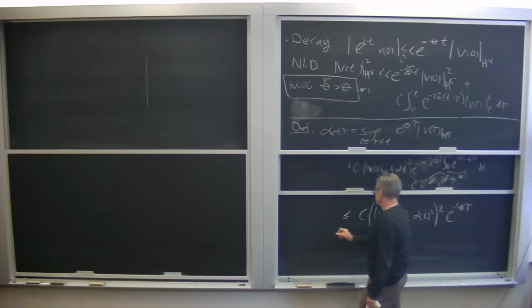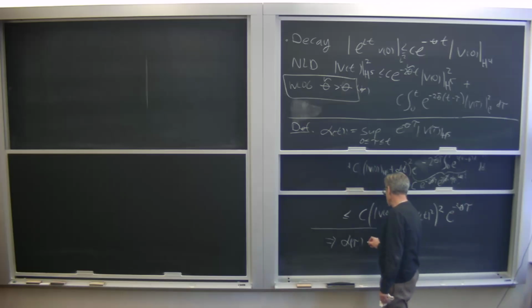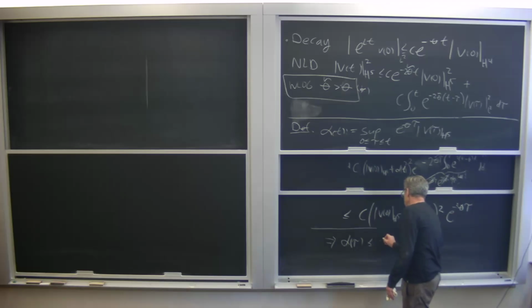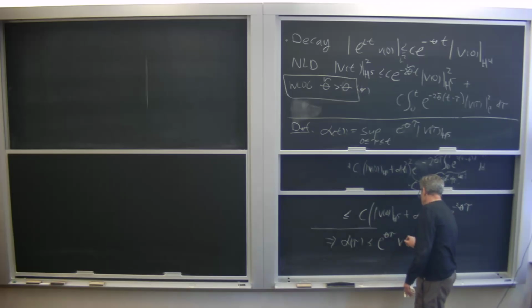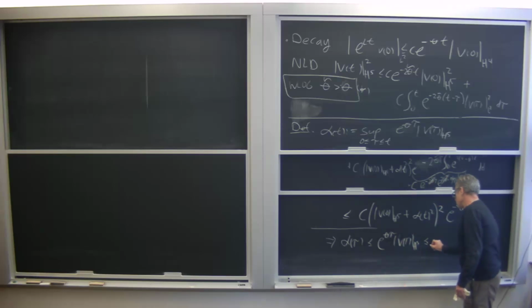So that gives me alpha of tau is less than or equal to e to the theta tau, V tau H5, and that is less than or equal to the square root.